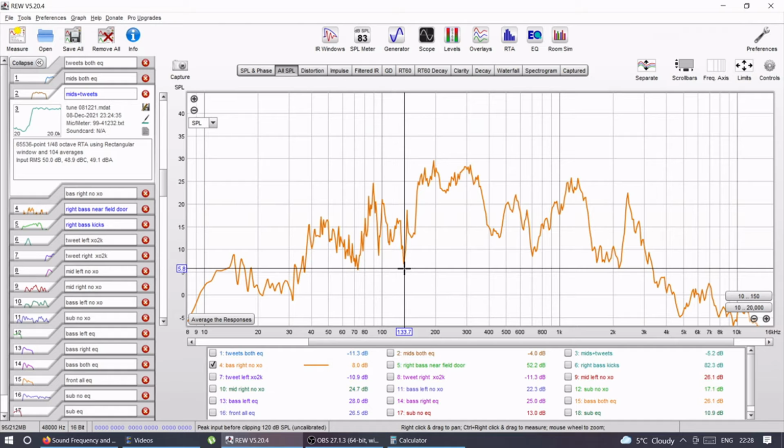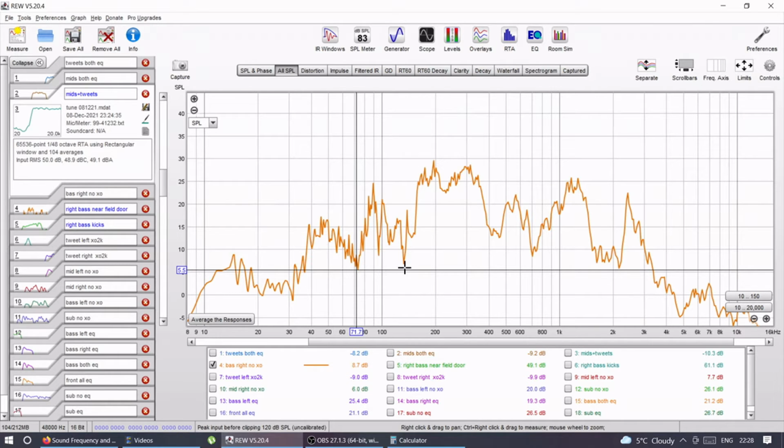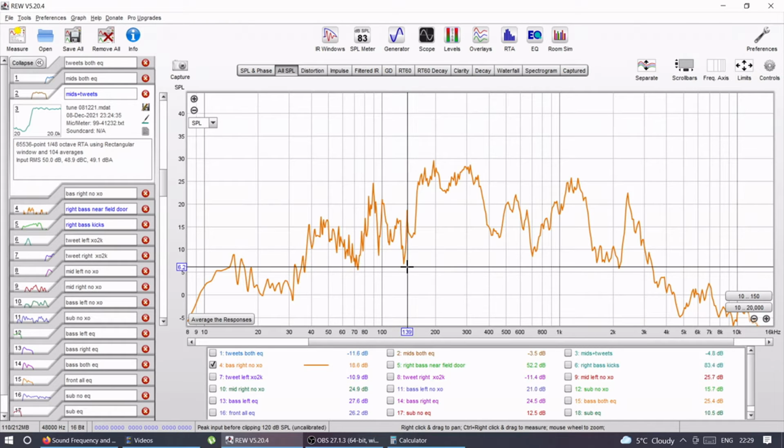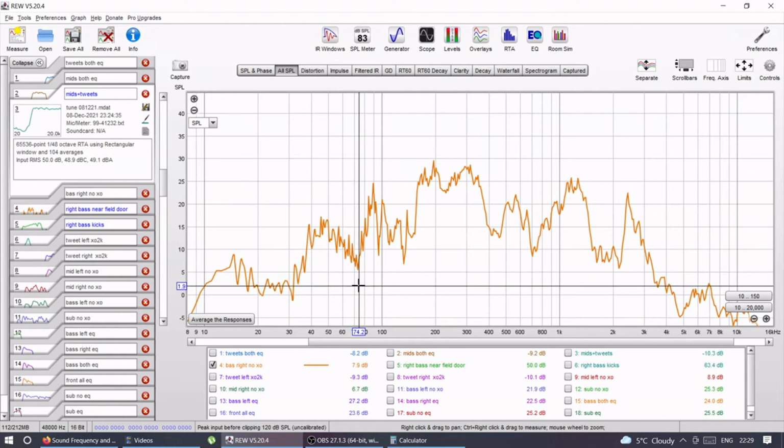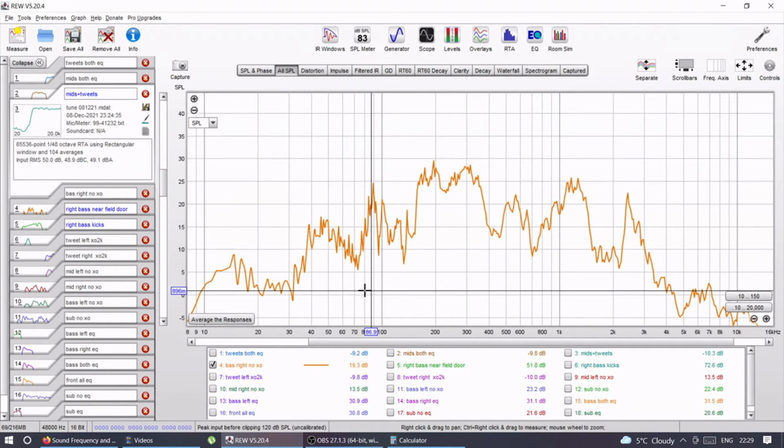So probably I didn't mention, this is the driver's side mid-bass driver in my car. Yeah, so every driver's side mid-bass driver will have these two cancellations. Now this one is going to depend on the length of the car. If the car is shorter, this cancellation is going to be a bit higher. It might be 80, it might be 90.